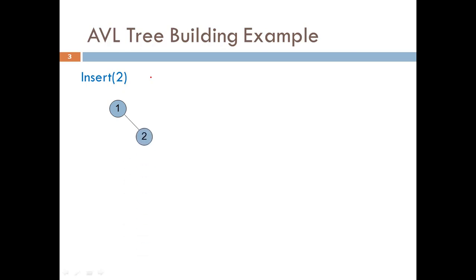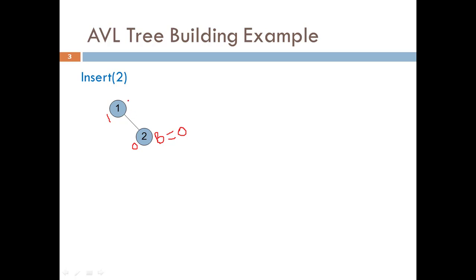Once we inserted this, we can see the balance factor of this one should be 0, because the height of the left subtree is minus 1, and the height of the right subtree is also minus 1. So minus 1 minus minus 1 is plus 1, so minus 1 plus 1 is equal to 0. This has the height 0, and this has the height 1.